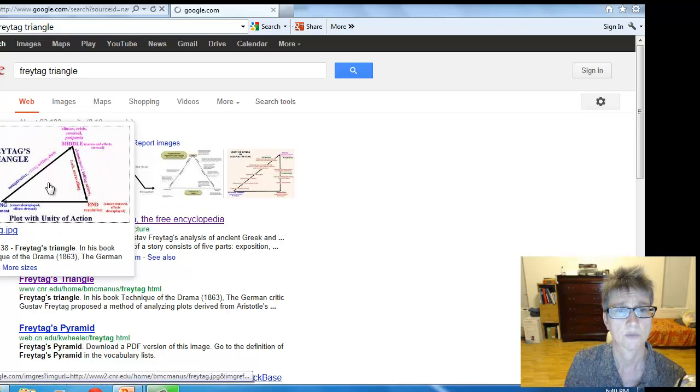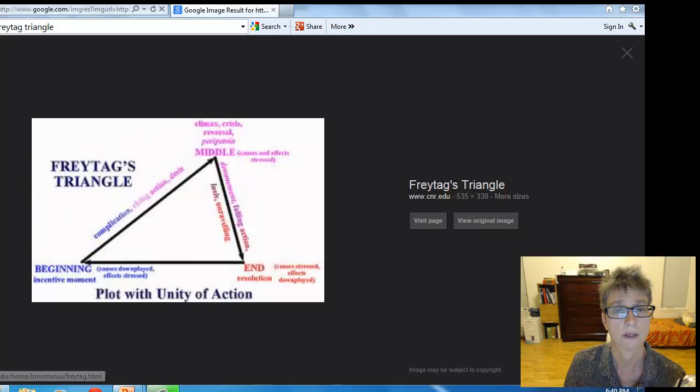Here's another one, this pretty one in color. That's got some of the Greek words in it and everything. This triangle, in contrast to the first one we looked at, is not perfectly symmetrical, which I think you will agree corresponds more to our experience in the movies, right? You wouldn't expect the climactic moment of the movie to happen right in the middle with half of the movie still to come.